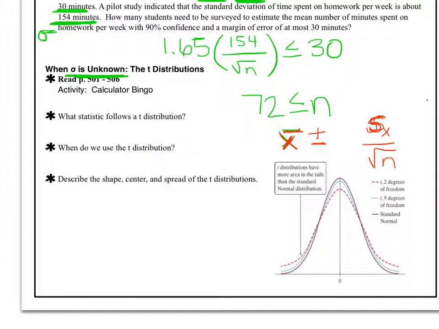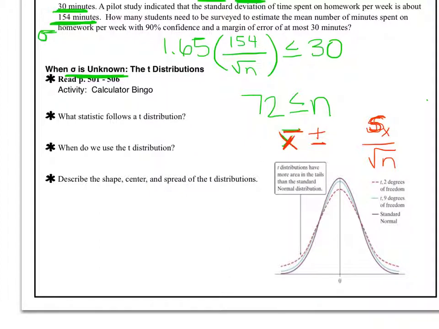And the difference between a t-distribution and a normal distribution is, you can see down here on this picture, okay, the t-distribution is shorter and has more area in the tails. So there's more data in the further standard deviations away than there are with the standard deviations that we have come to know and love, of 99.7% of our data being between 3 and negative 3.